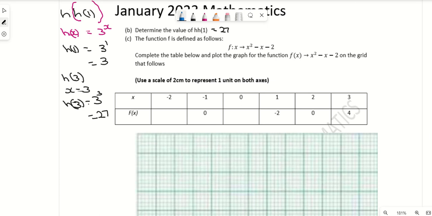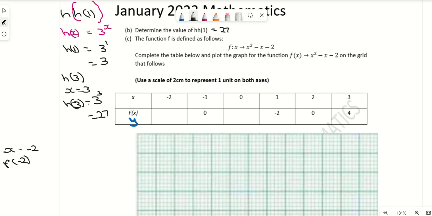If we're looking at coordinates, f of x is also known as y, right? So when they're telling us to find f of x when x is equal to -2, that is basically them saying to find f of x where x is equal to -2.